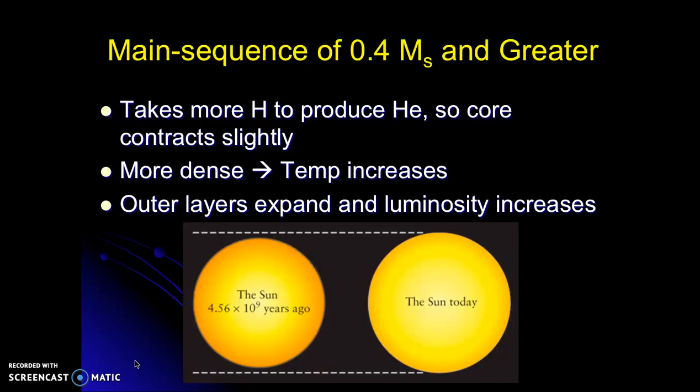So stars like our sun, as they've evolved on the main sequence, have actually gotten a little bit larger and a little bit more luminous just on the main sequence itself. So there is a sense of evolution on the main sequence before the star even leaves the main sequence to go on to its death stages.